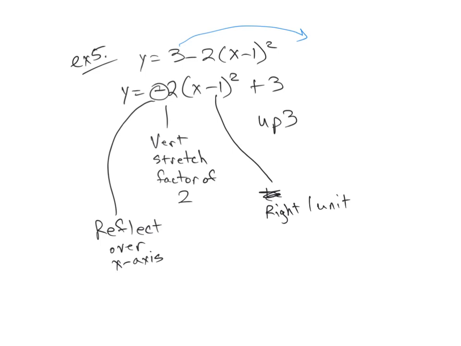All right, so let's do something else here. As long as you know that that 3 is by itself, and that means it's going to be a vertical shift up. How do you know it's by itself? Well, there's nothing multiplied by it, and it's not inside the parentheses. The 2 is multiplied by that parentheses, right? There's nothing attached to the 3.